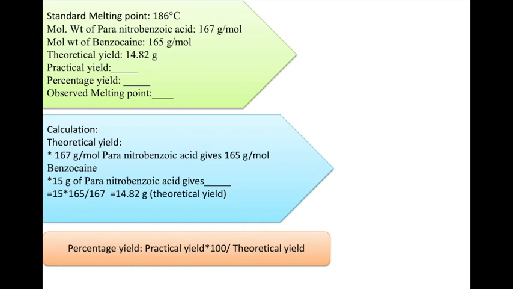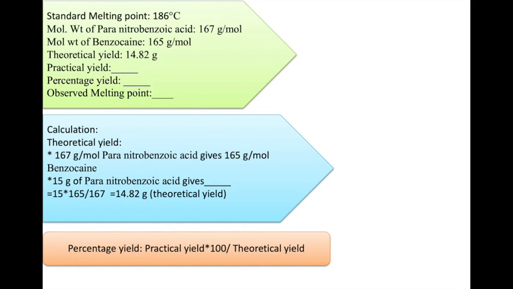So the amount of reactant we are taking in this reaction is 15 gram. So 15 gram of para-nitrobenzoic acid will give us how much quantity of benzocaine? For that reaction, 15 into 165 whole divided by 167, which will give us a value of 40.82 gram. So that is our theoretical yield.